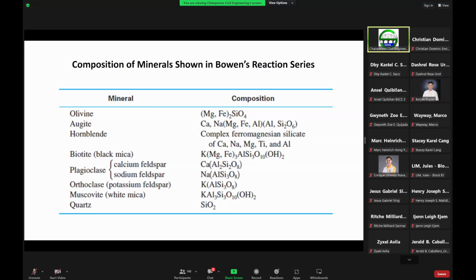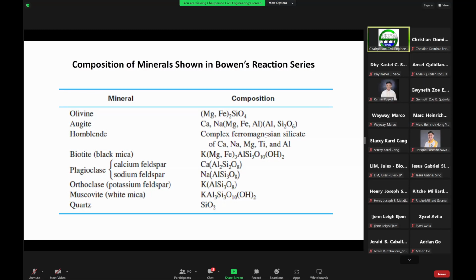Then the hornblende is composed of calcium, sodium, magnesium, aluminum. Then I forgot this chemical. For the biotite, you have magnesium, iron, and the aluminum silicates.